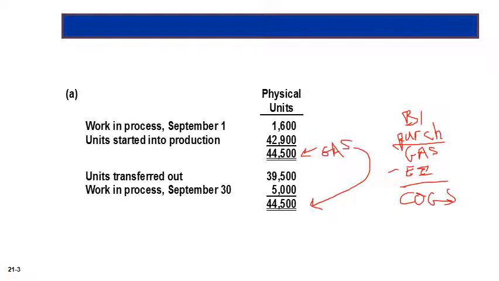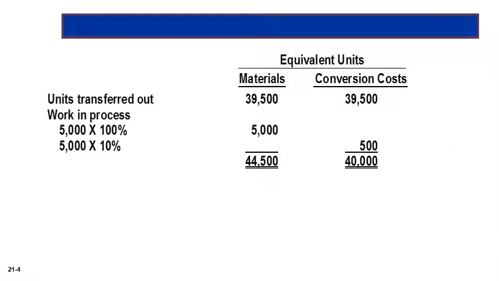What they're doing here is saying this is the unknown, and this is the ending inventory, and we know this number. We knew this number was 44,500, and we knew the 500, so this has got to be 39,500. So how many goods transferred out? It was 39,500. So we have the goods transferred out, and we're ready to go.